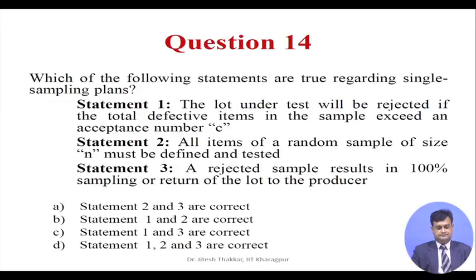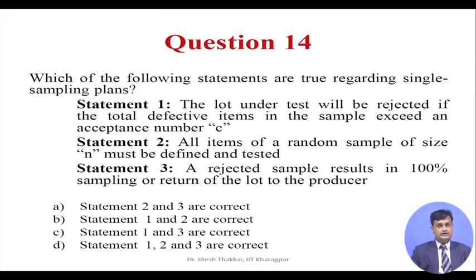Question 14. Which of the following statements are true regarding single sampling plans? Statement 1. The lot under test will be rejected if the total defective items in the sample exceed an acceptance number C. Statement 2, all items of a random sample of size n must be inspected and tested.